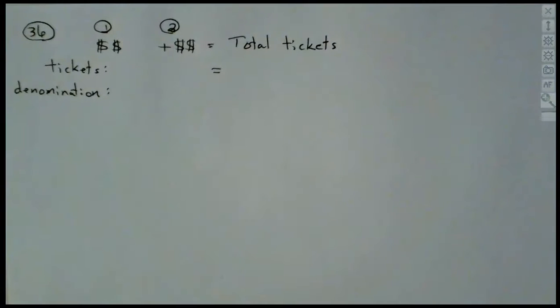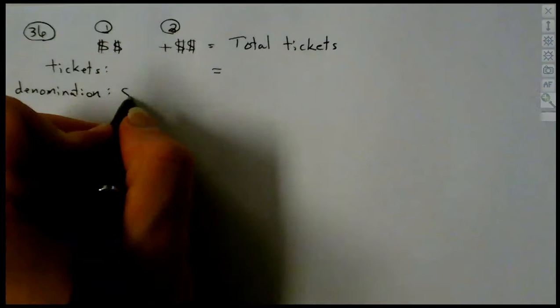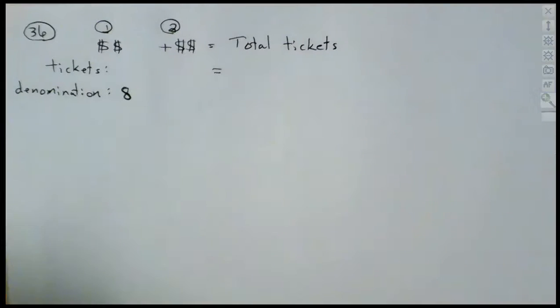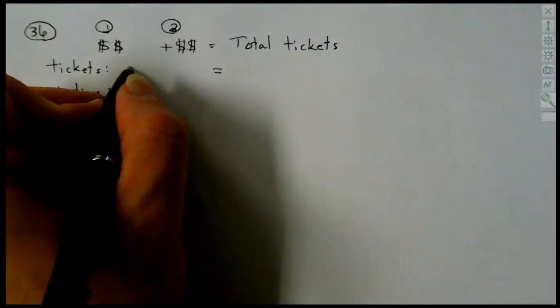So we're going to the movies, and there's two ticket prices. We've got $8 adult tickets. We don't know how many adult tickets we have. It doesn't tell us. So what do we use?